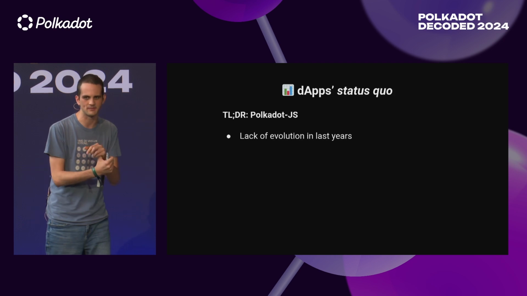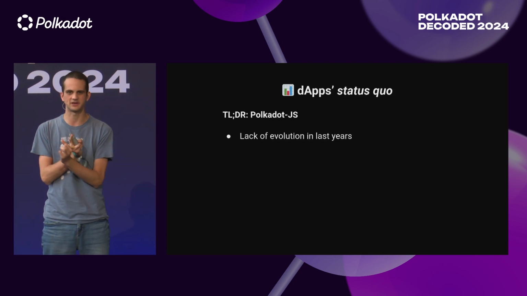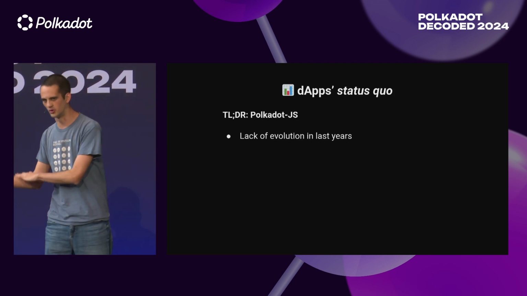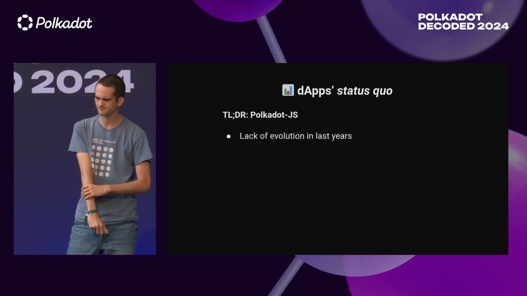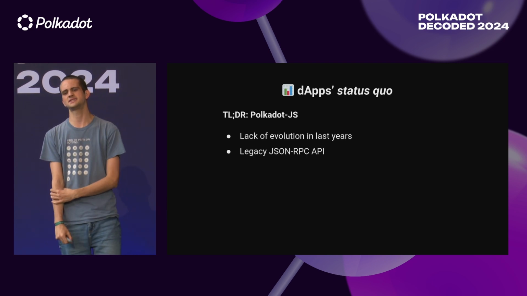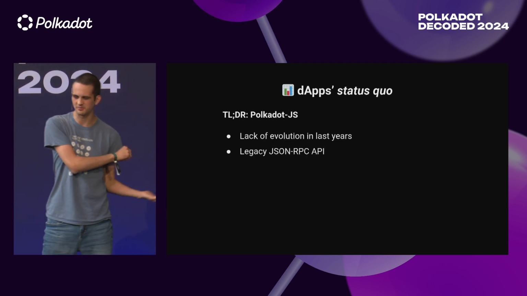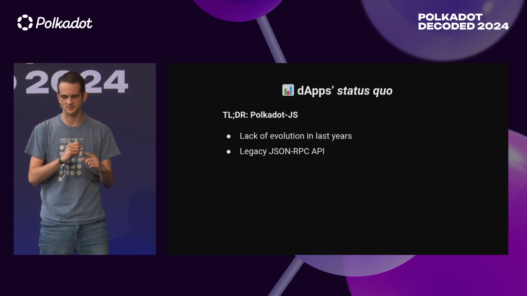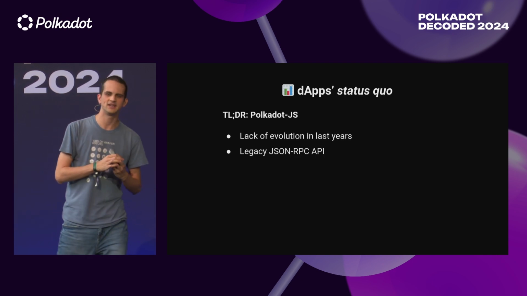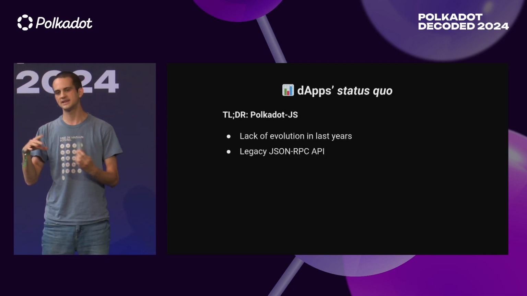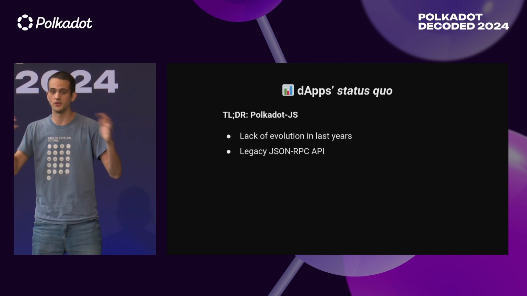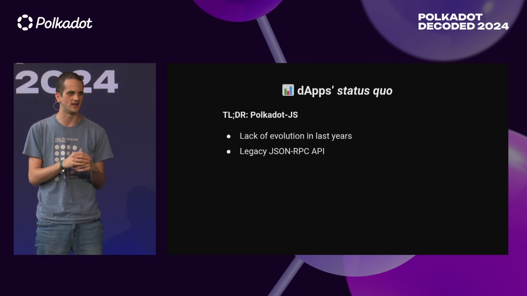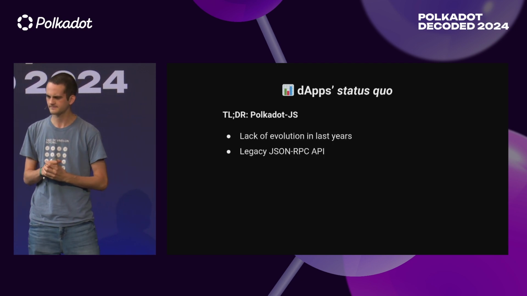Features like XCM, the newer metadata versions, etc., do not have first-class support in Polkadot.js. Then as well, Polkadot.js uses the legacy JSON RPC API, which is actually not spec'd. And this complicates, on a big scale, the integration with light clients and with other node implementations different than the Parity Rust one.